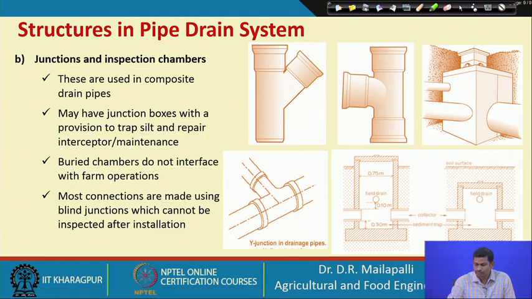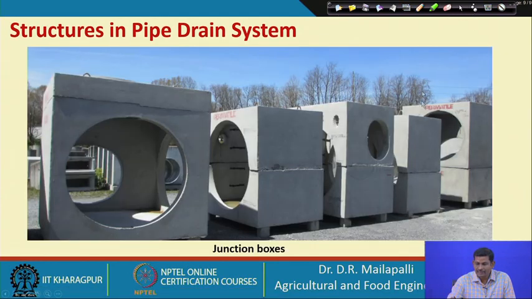Sometimes the junction boxes are big, like you see here. These big junction boxes can be used in most urban drainage to dispose of the water, I mean wastewater, here.